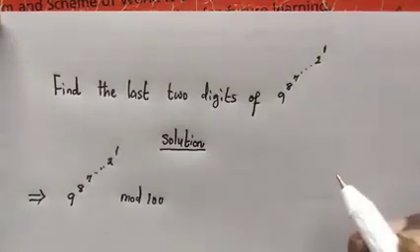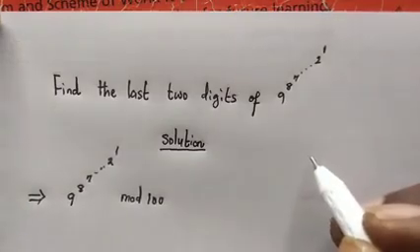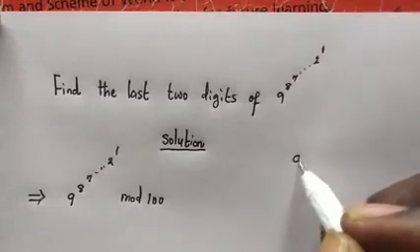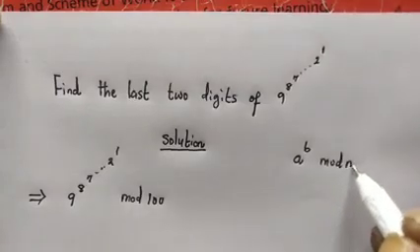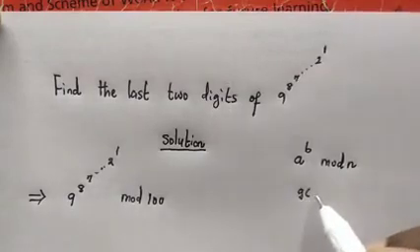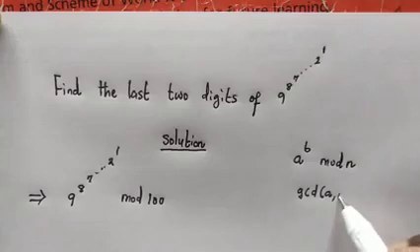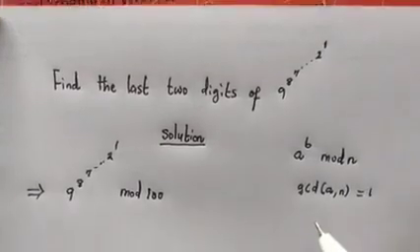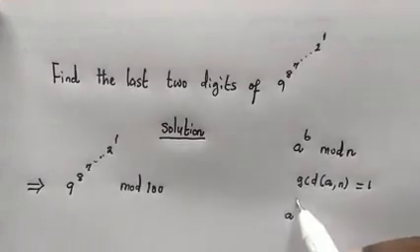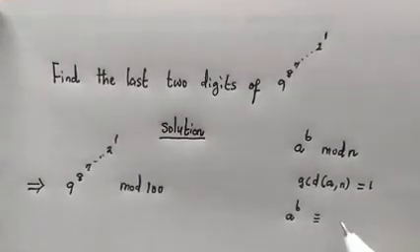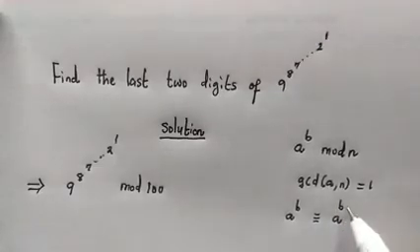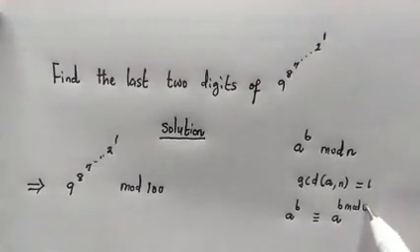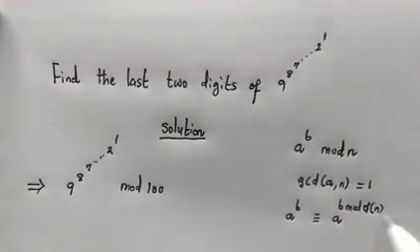Very interesting. Okay. Now let us recall from Leonhard Euler that whenever we have A raised to the power of B and we're evaluating this in mod n, if the GCD of A and n is equal to 1, then A to the power of B must be congruent to A raised to the power of B evaluated in mod of the Euler phi of n, and then the base in mod n.